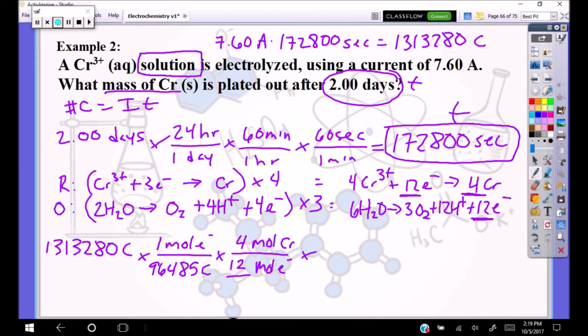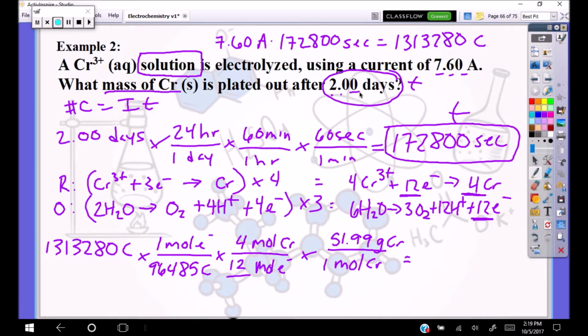Now that we're in moles of chromium, I can convert into my grams of chromium. So I need to use my molar mass of chromium, which is 51.99 grams, and I should be able to get my mass. I want to use 3 sig figs for this because I've got 3 sig figs here and 3 here, so that is going to be my smallest amount.